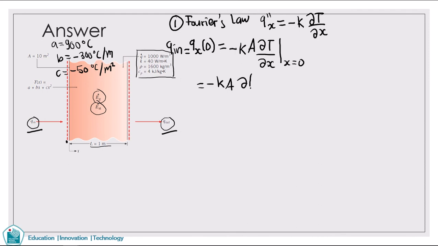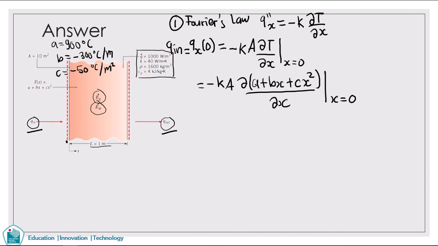Remember the T distribution is A plus Bx plus Cx squared. For x equal to 0, this is only a one-time derivative.